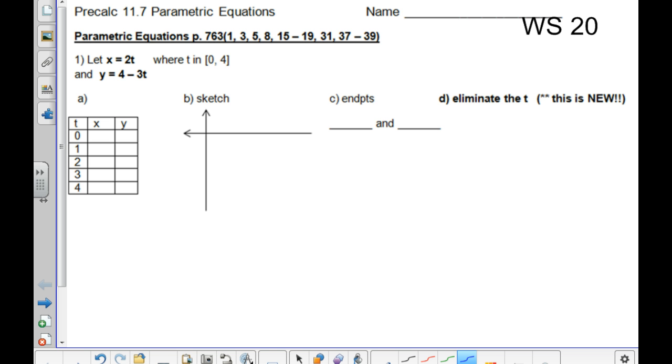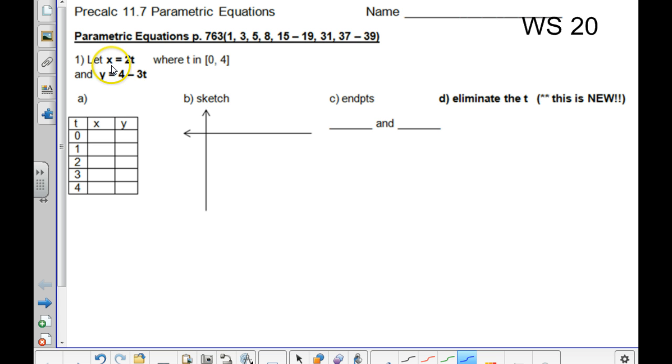I like that we can show an application for the vectors and the parametrics. Here we go. This is just a quick review to start out with, and then we're going to apply one more step to this that we haven't done in the past.